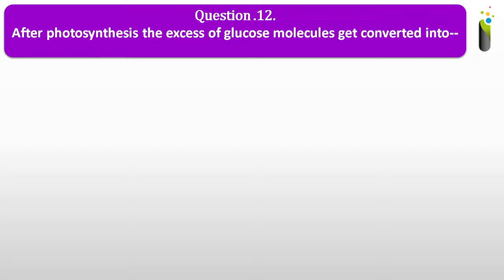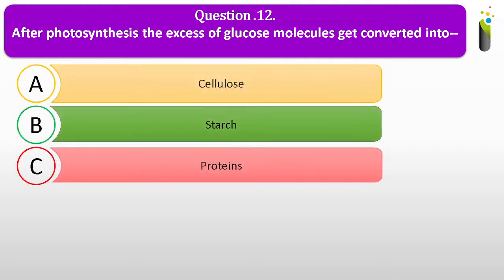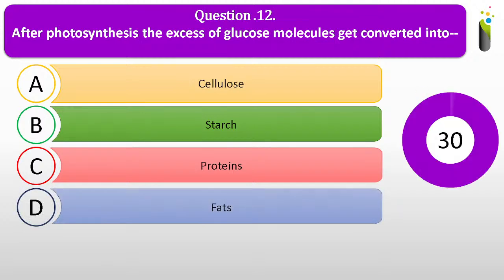Question number 12. After photosynthesis, the excess of glucose molecules get converted into dash. A. Cellulose. B. Starch. C. Proteins. D. Fats.